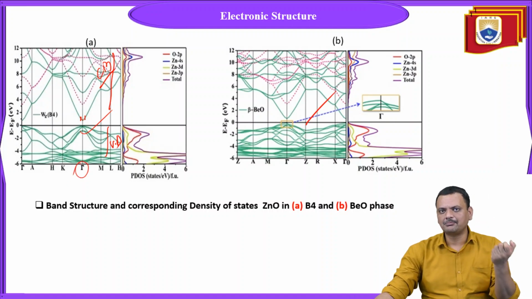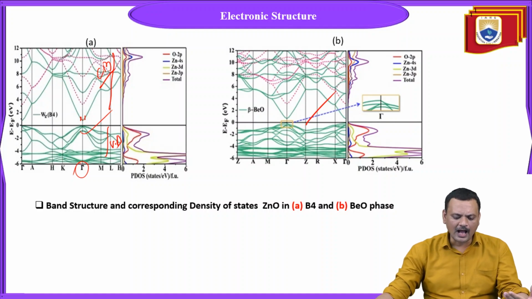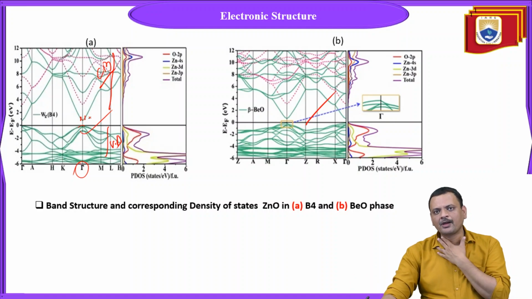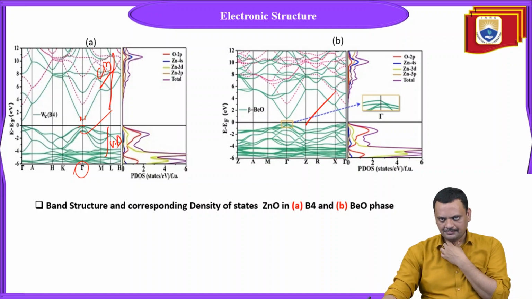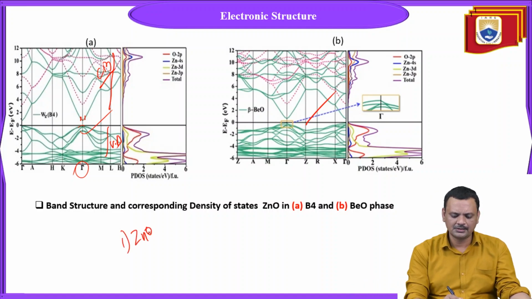Gamma is the center of the Brillouin zone. So the lowest point of the conduction band occurs at the center of the Brillouin zone, and the highest point of the valence band also occurs at the same K point, the center of the Brillouin zone. So you can see these are direct band gap semiconductor materials. One thing is clear: ZnO is a direct band gap semiconductor material.